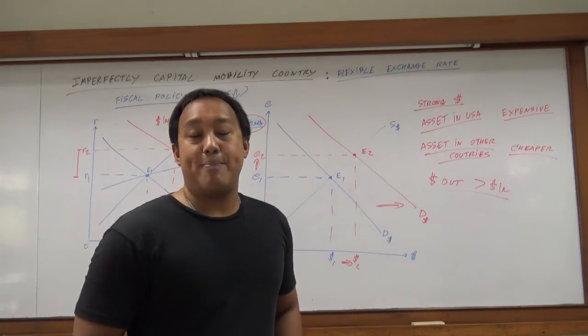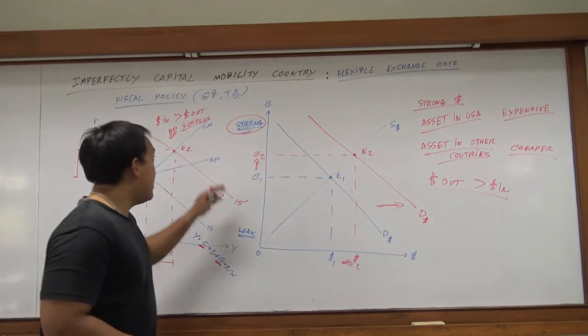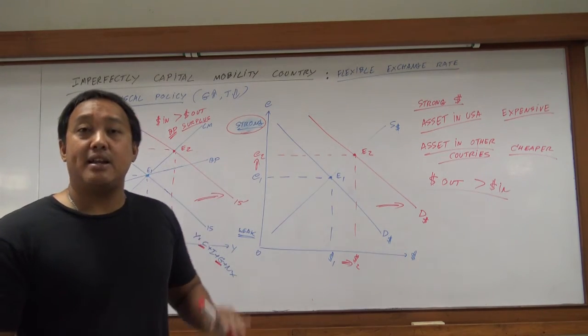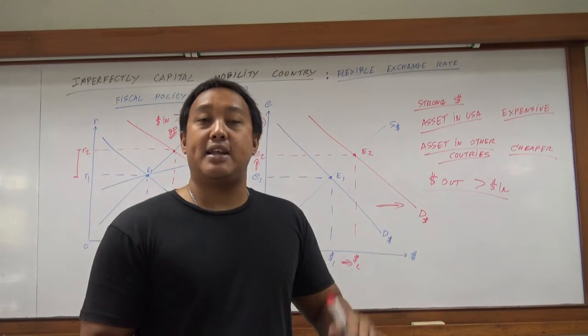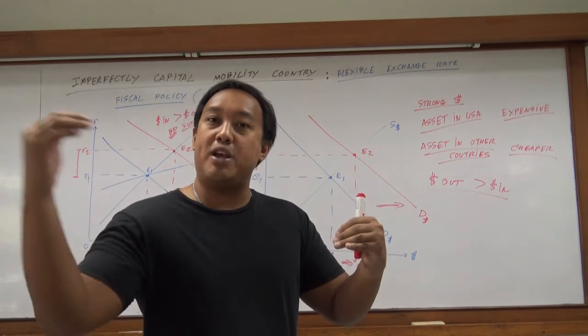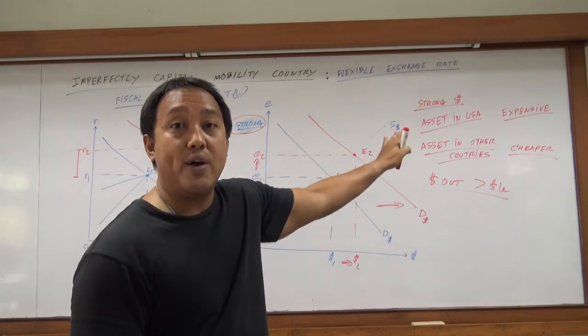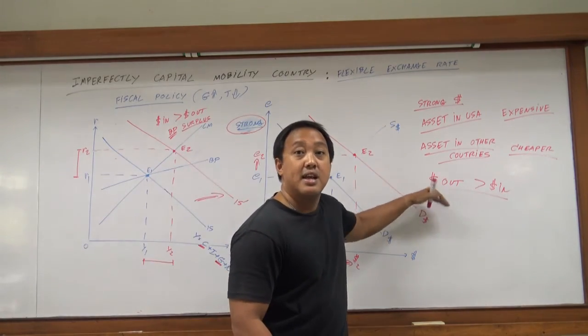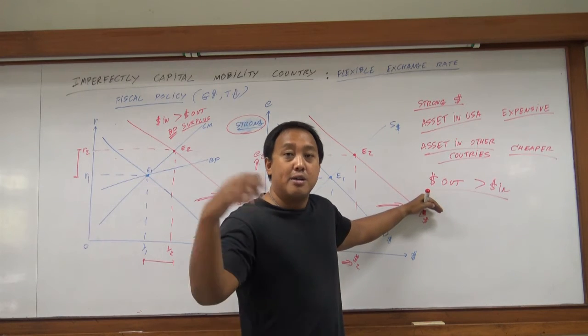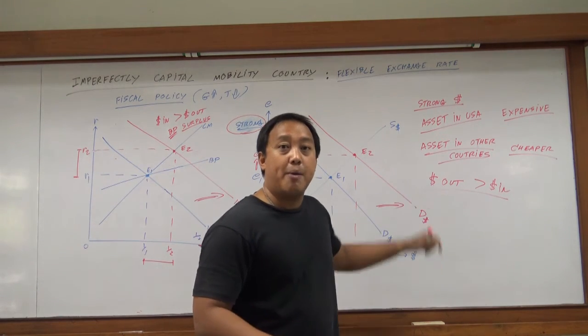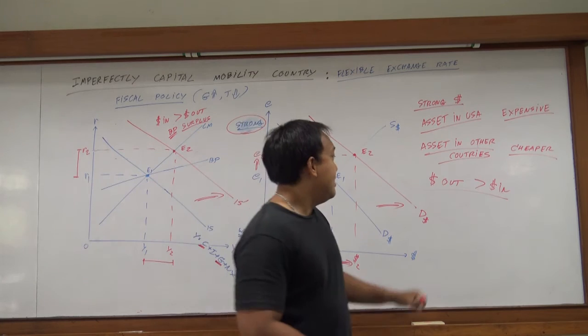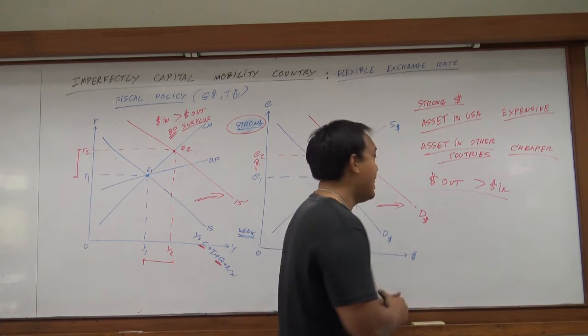How are we gonna stop this to happen? Again, remember that any point on BP curve represents the point that the money flow in should be equal to the money that flow out, right? So then, because of the strong US dollar, the money starts to flow out more, the money starts to flow in less. How to stop it?